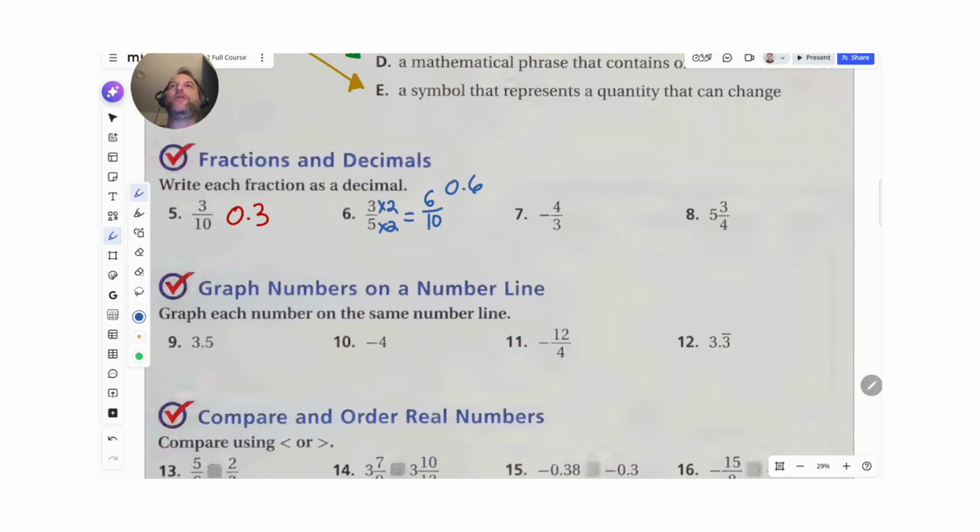What about -4/3? This fraction will not terminate. So we can perform our long division and see which pattern emerges from the math.